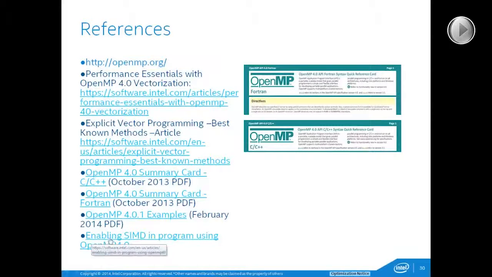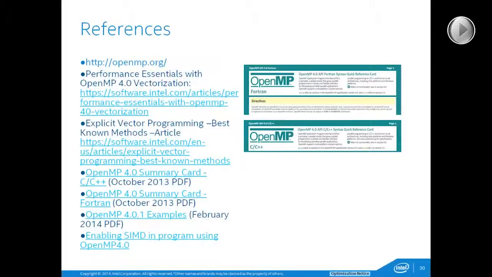The last bullet, enabling SIMD in program using OpenMP 4.0, please go to that URL, and that will take you to an article published on Intel Developer Zone, which explains how to apply both threading as well as vectorization on the same for loop. So that's possible. Yes. And that also brings up some of the advantages of each of the different technologies, Cilk Plus and OpenMP 4.0. It'd be better to refer to the article there.